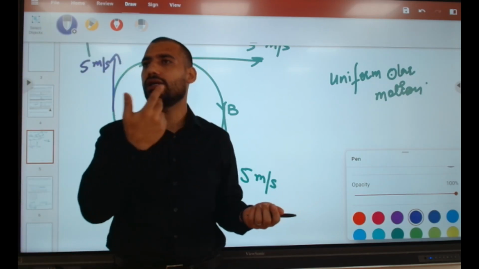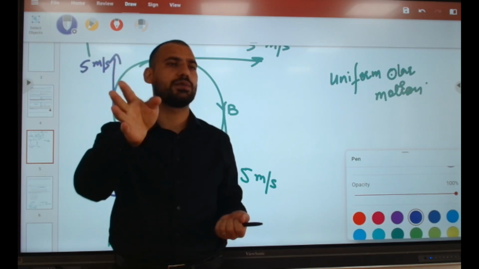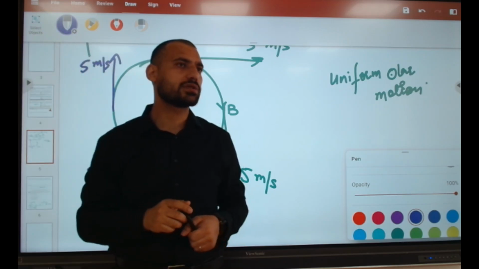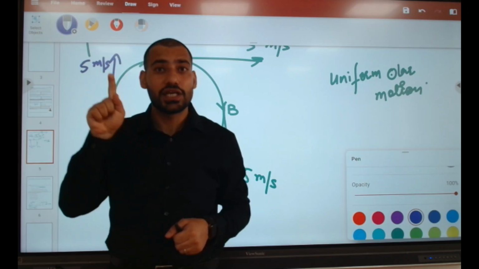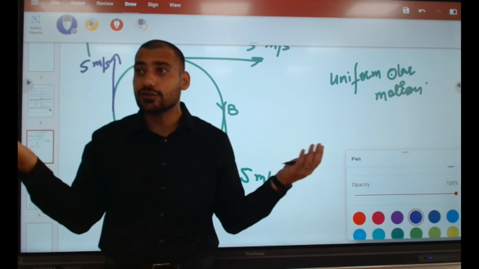Understood? For example, you are going in a car, okay? You're looking at the speedometer and the speed is 100. And all of a sudden there is a curve. Do you decrease your speed? Yes. So the magnitude changes. Direction also changes.